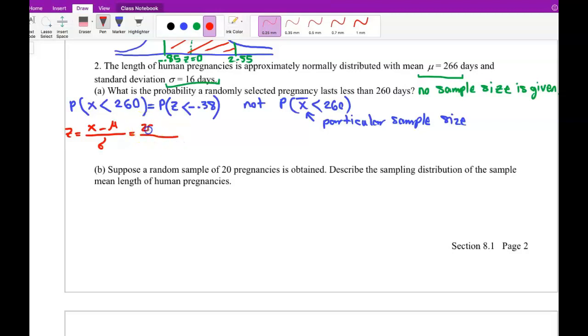So x is 260 minus mean 266, and standard deviation 16. So that is equal to negative 0.38.